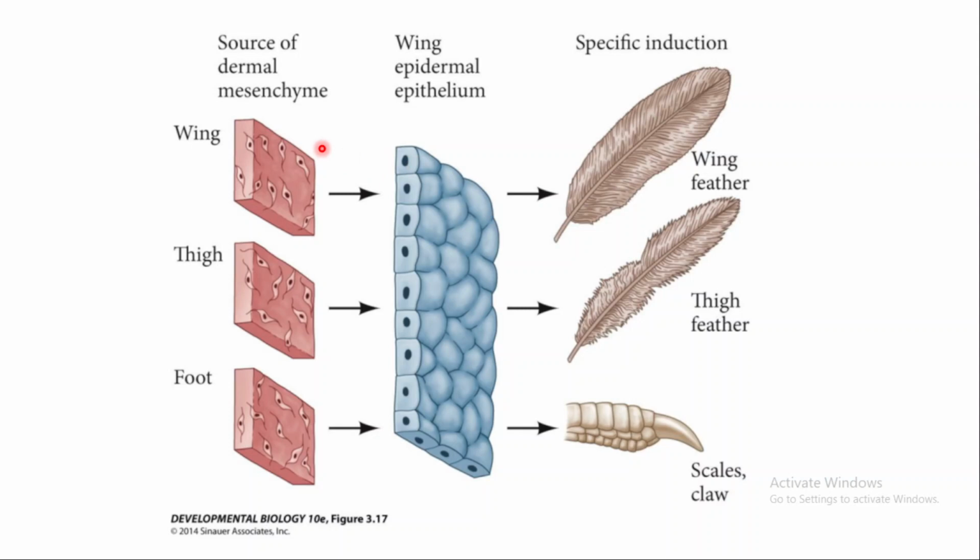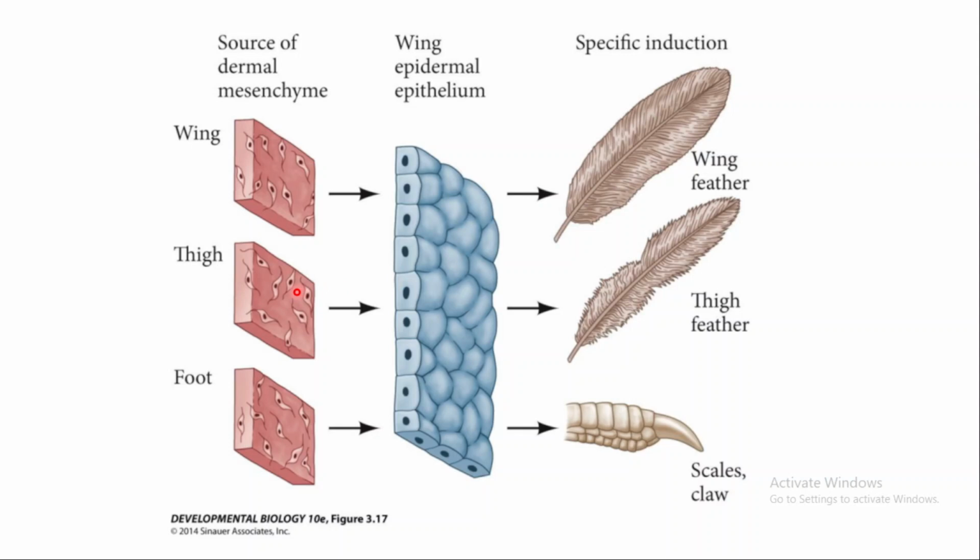Now you see, the source of the induction signals will be the mesenchyme. Right? You agree with me? So the species A tissue will give the signal to the wing epidermal epithelium because it is a thigh mesenchyme. It will tell the wing epidermal epithelium, grow a thigh feather.